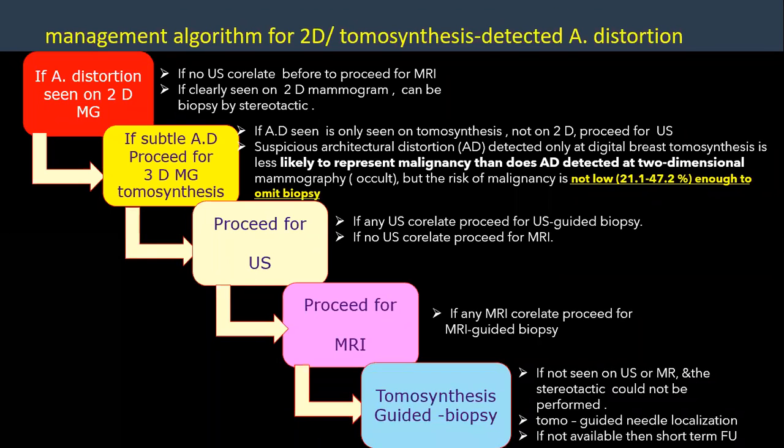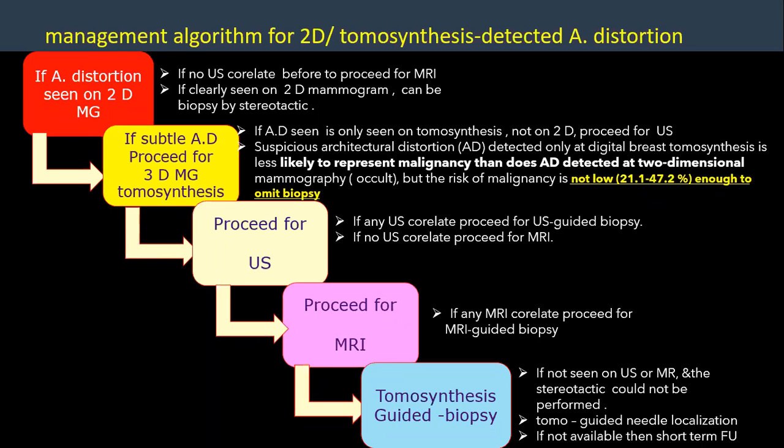If the lesion is not seen on ultrasound or MRI and stereotactic biopsy cannot be performed, the remaining option is tomosynthesis. If there is facility for tomosynthesis-guided localization, we use it to guide the surgeon to remove the lesion. If not, we have to closely monitor the lesion with short-term follow-up.